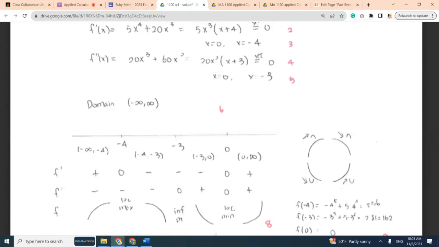And remember this table, you want to include f prime and f, right? For f prime and f double prime, you want to answer positive, negative, or 0, or does not exist, right? So let's look at f prime first. The roots are 0 and -4. So they are the roots. Do you see these 3 boxes?